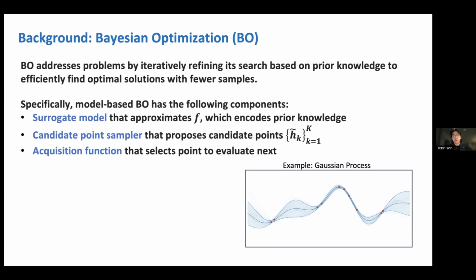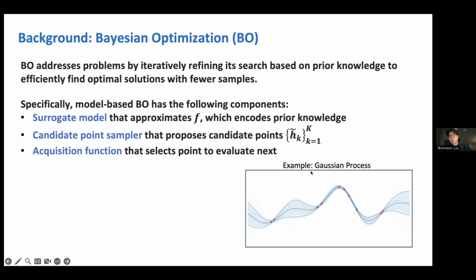Model-based BO has a few key components, one of which is the surrogate model. The surrogate model is a model that is learned or constructed to approximate the actual function of interest. It could be differentiable sometimes, but not always. It usually encodes some sort of prior knowledge or assumptions about the function, and the domain it operates over.